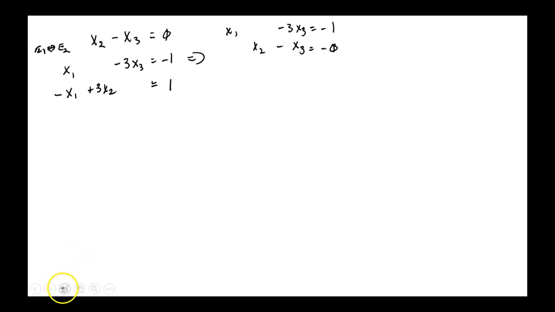Sorry, I got lost there. I couldn't see the forest for the trees. And then the third equation can remain minus x sub 1 plus 3x sub 2 is equal to 1. Good.